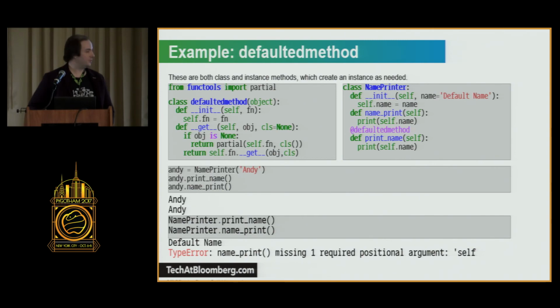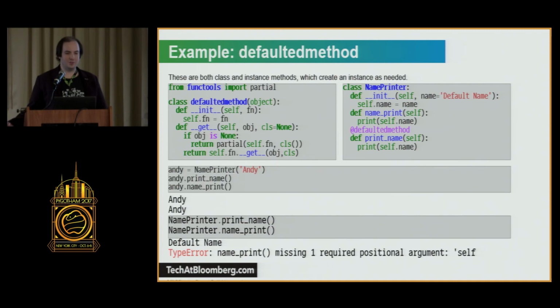We've got our NamePrinter on the right-hand side. It has a constructor, it's got a default name, and it's got two methods, name_print and print_name. They are both exactly the same, except one is a defaulted method: print_name is defaulted. So if we construct this and give it my name, we have NamePrinter Andy, we print_name and we name_print, we get back Andy, Andy.